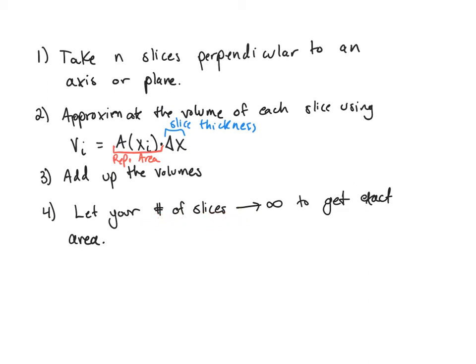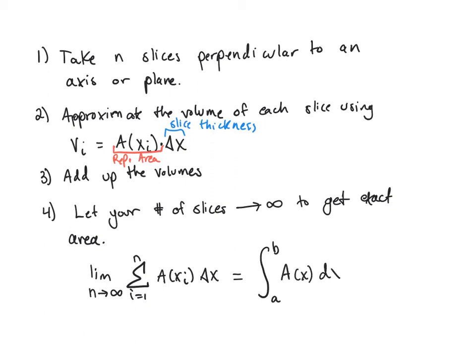What's going to happen there is you will have started with a sum from i equals 1 to n, A of x sub i delta x, and then you are going to let the limit as n goes to infinity turn that into an integral from a to b, A of x dx, where this A of x is your cross-sectional area. So what we're going to need to figure out is how to calculate the area of a representative slice based on where we are.